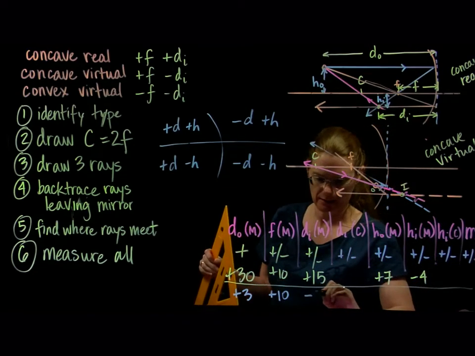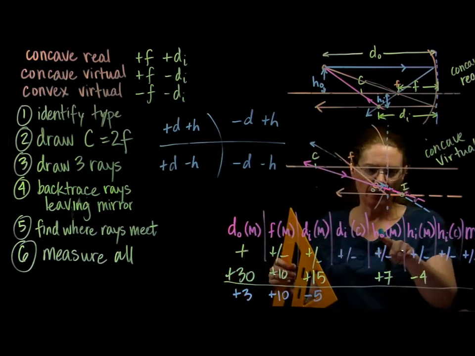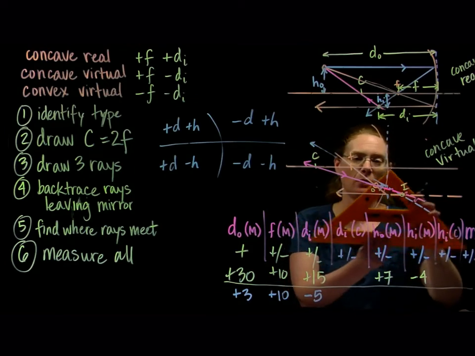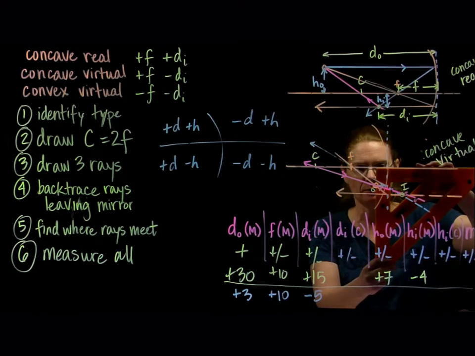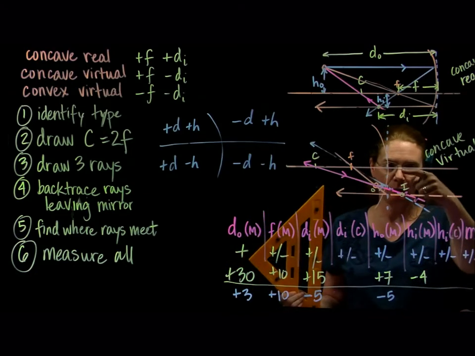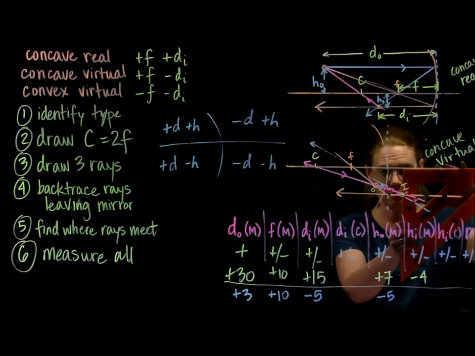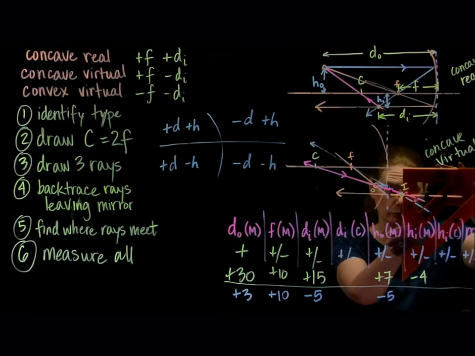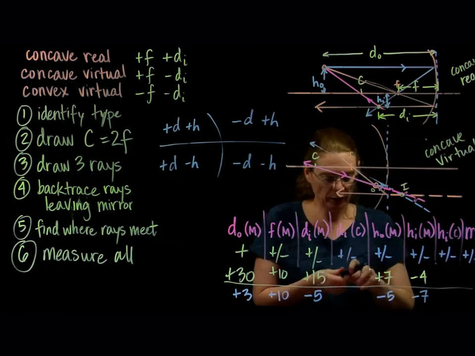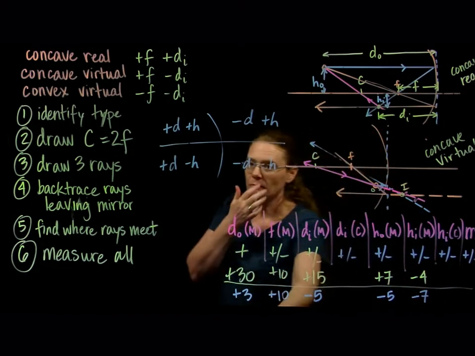I'm going to say something like negative 5. HO, height of the object. We're below the axis, so it's negative, and it's about negative 5. HI, below the axis, we have negative 7, maybe. So there we have our measurements.